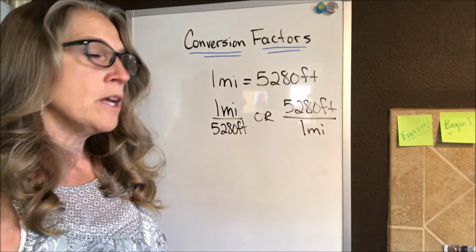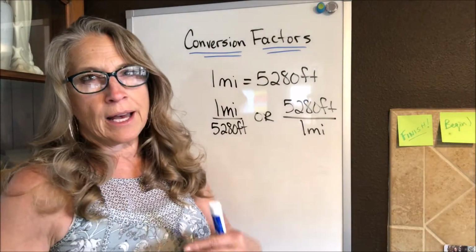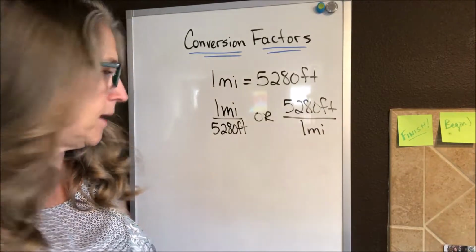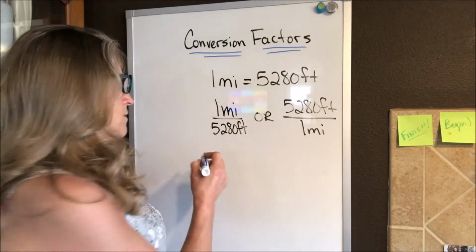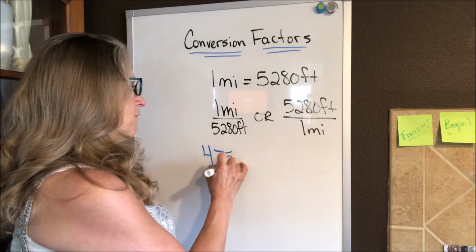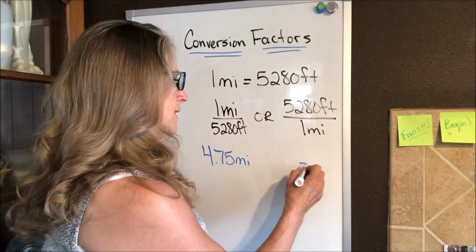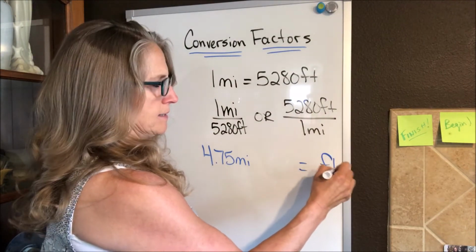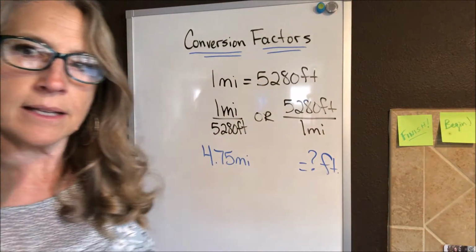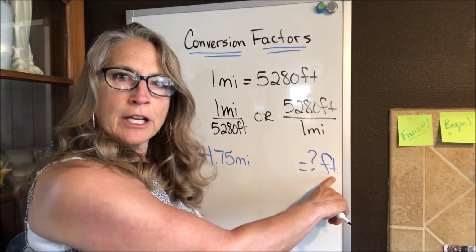in your problem. So for example, the other day I hiked 4.75 miles on my hike, okay? So let's write that down. I hiked 4.75 miles, and I want to know how many feet that is. So when I look at my unit over here, this is in my numerator, right?